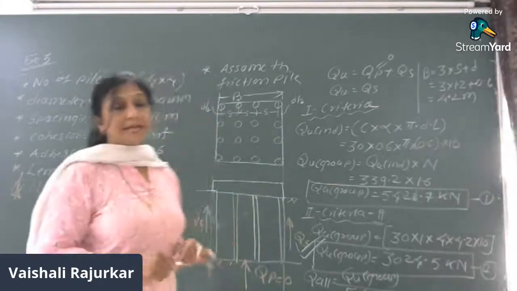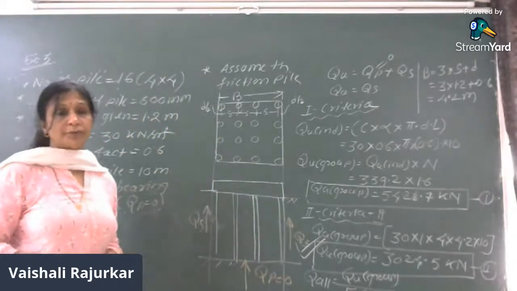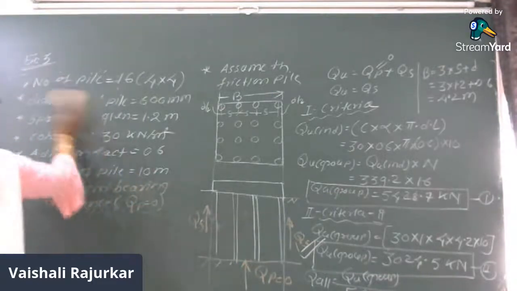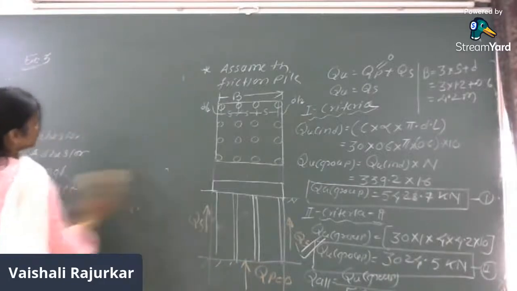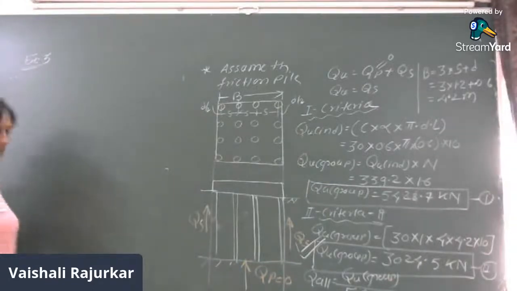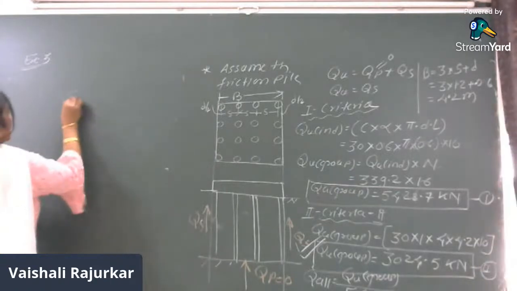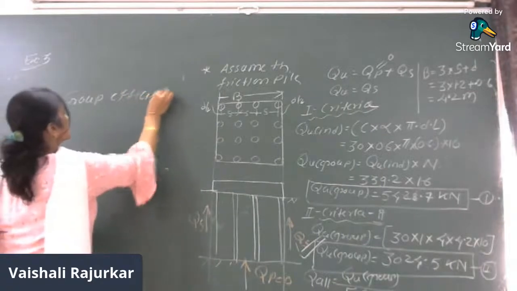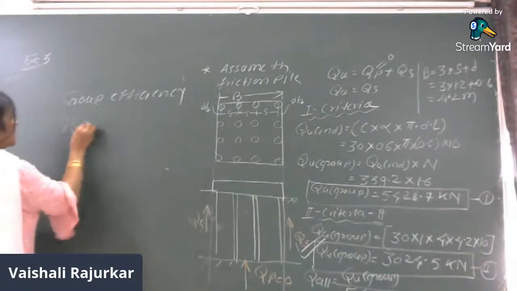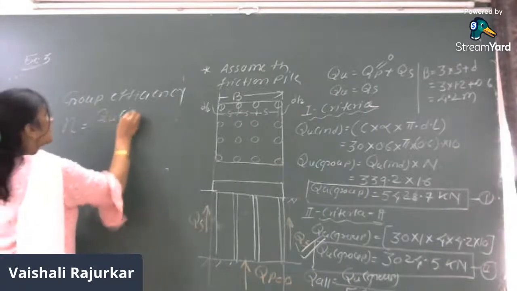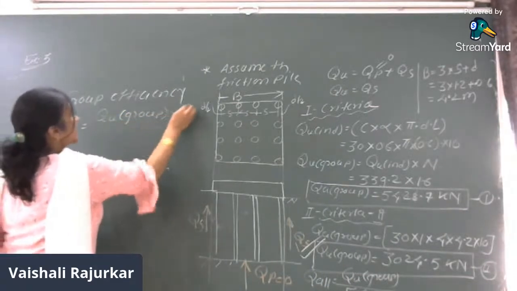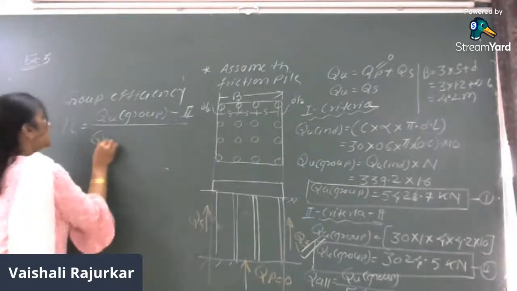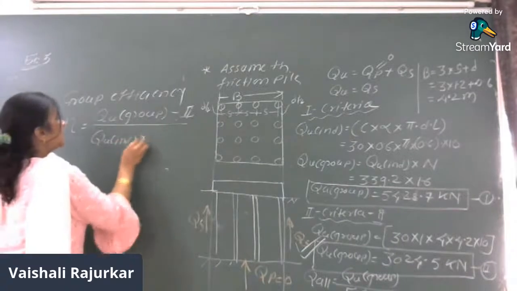Just remember, sometimes in the same numerical you have to find out the group efficiency. In that case, what is group efficiency? I will just write it over here. Which is denoted by beta, where it is QU for group by the second criteria divided by QU for individual multiplied by number of piles.